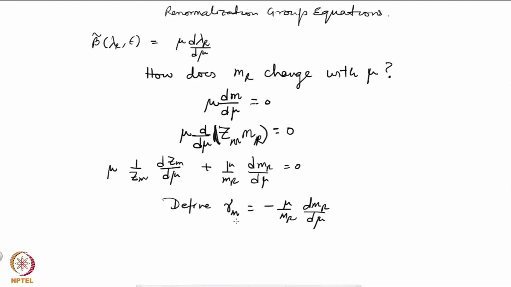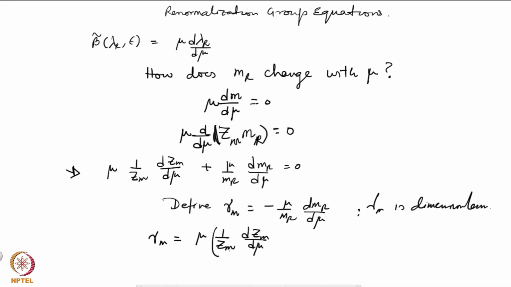That's why I have divided by m_R, unlike the case in the beta function, so as to make this gamma_m dimensionless. So I will use this equation, and this gives us gamma_m is mu times 1 over Z_m dZ_m over d mu.